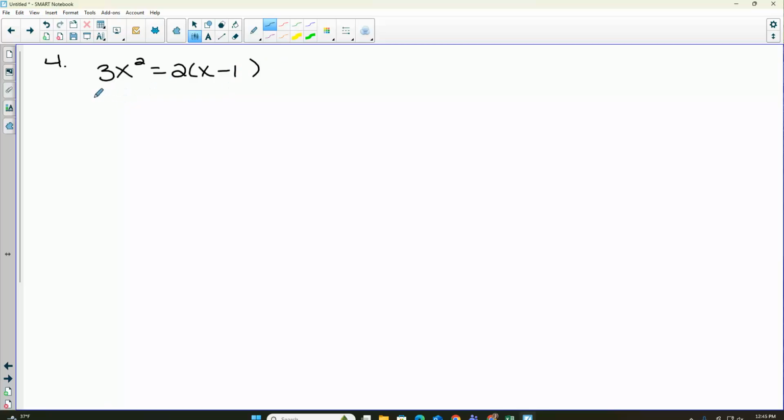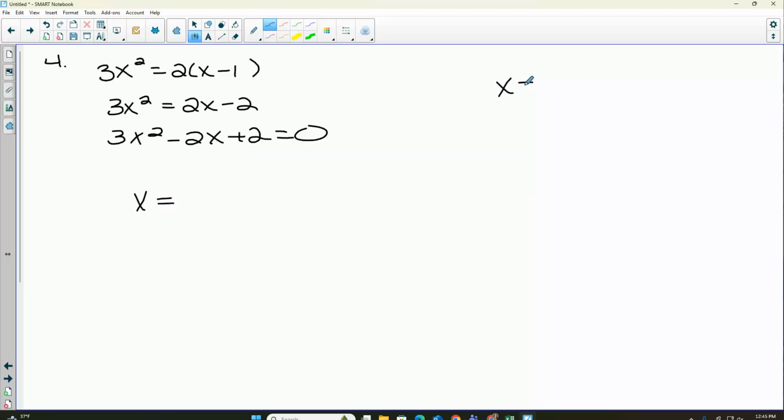So if we distribute, 3x squared minus 2x plus 2 equals 0. If you try slip and slide, is there anything that multiplies to 6 and adds to -2? No. So what do we have to do? x equals, so you should know this, opposite of b, plus or minus the square root of b squared minus 4ac, all over 2a.